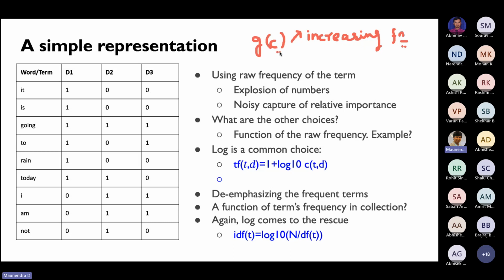If the argument of this function increases, the value also should increase. In other words, if x1 is greater than x2, then g of x1 is greater than g of x2. So can you suggest some simple functions which have this property?